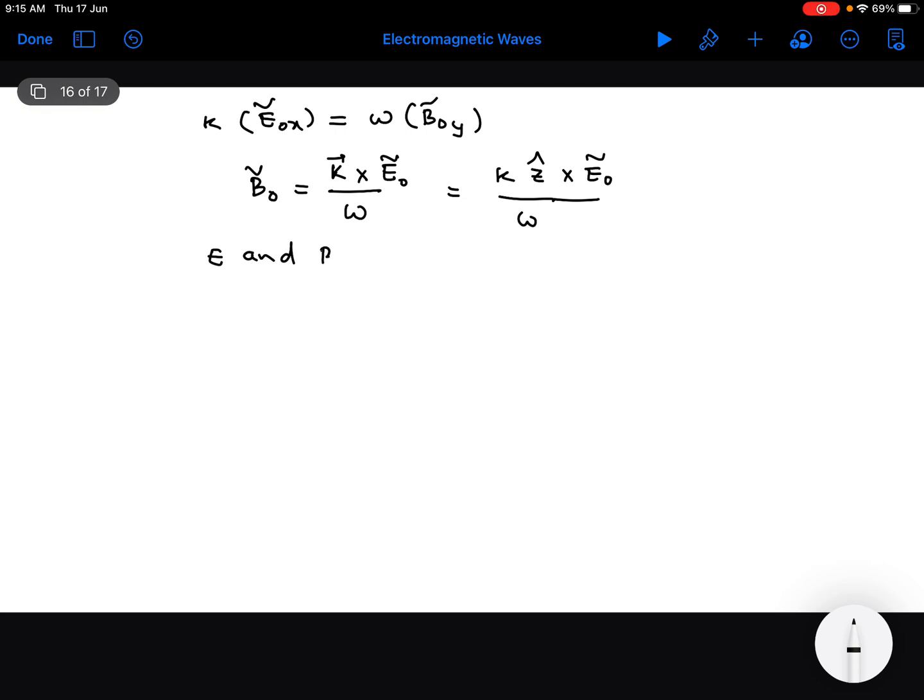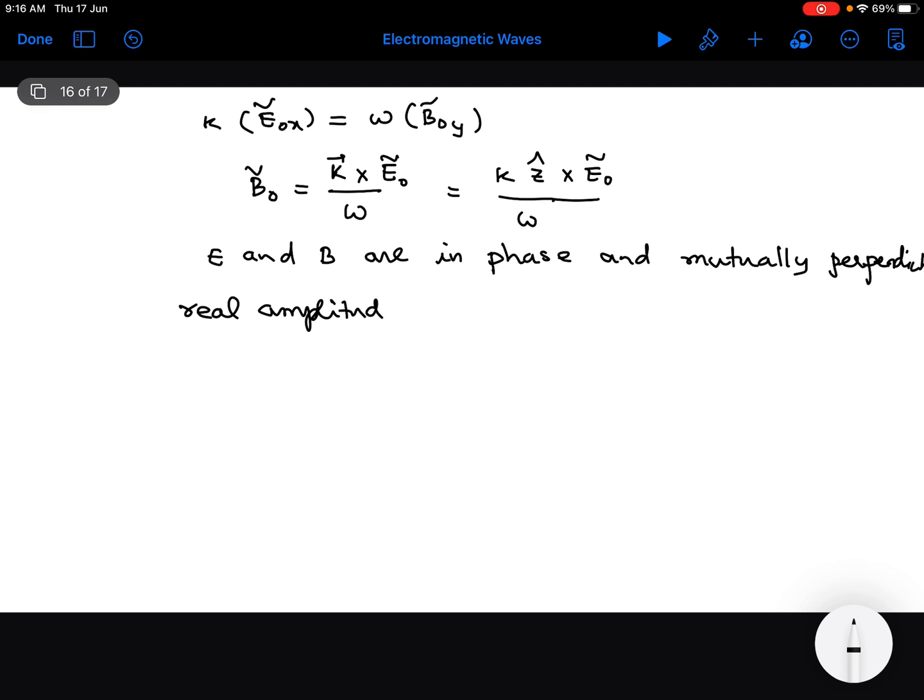Now the real amplitudes are related by the magnitude of B0, which is k by omega times E0, and we know that k by omega is 1 by c.